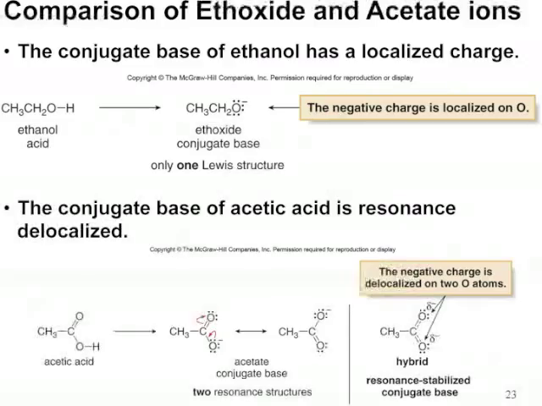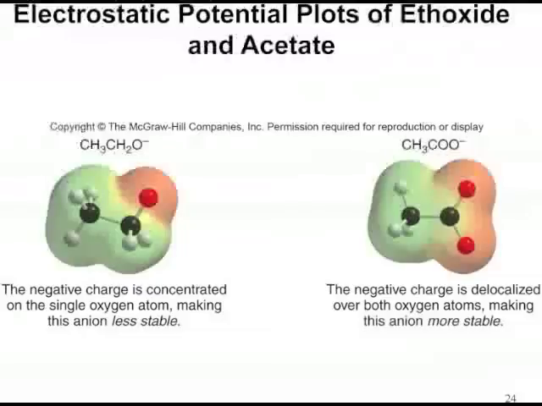And the reason for that is that the conjugate base of acetic acid is resonance delocalized, so technically we have only half of a charge on each oxygen, and therefore the recombination between H+ and O- is slower. If we plot the electrostatic potentials, then ethoxide has a concentrated negative charge, whereas acetate has a delocalized charge.